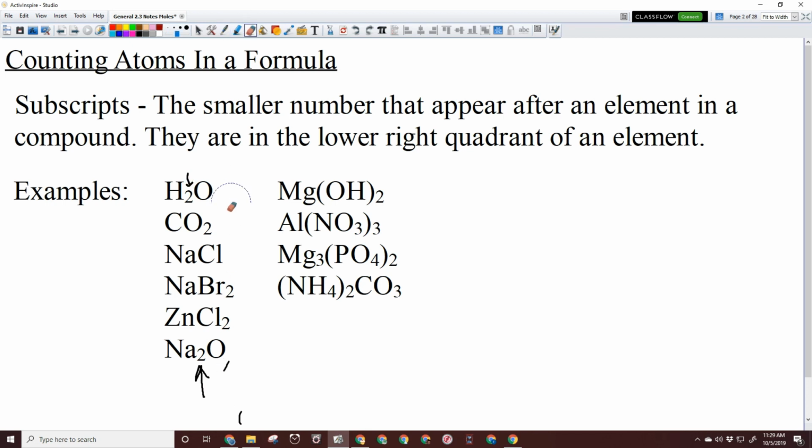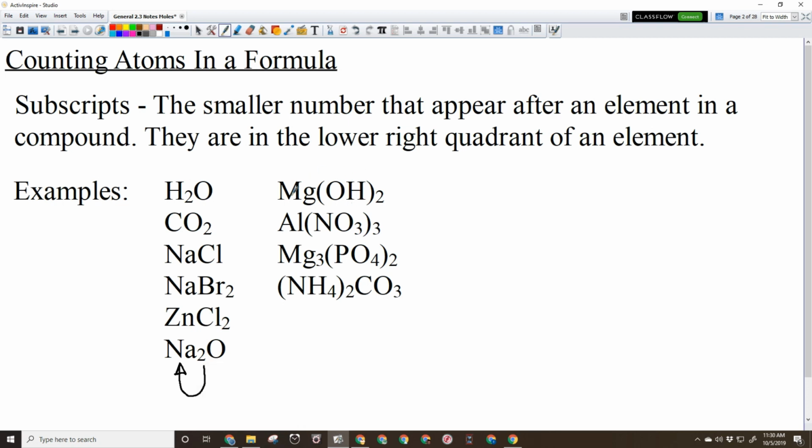So it doesn't matter where it is in the formula, it always refers to the element that it follows. So Na2O, sodium oxide. There's going to be 2 sodiums and then 1 oxygen. If it doesn't have a subscript, you're just going to assume that it's 1 because of the element symbol that's written there.